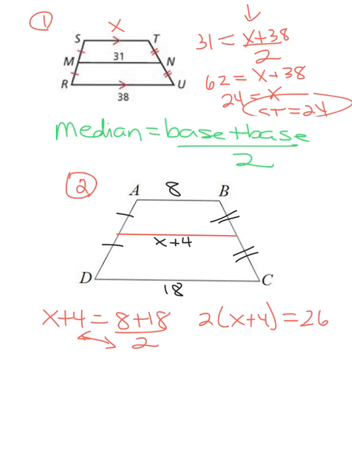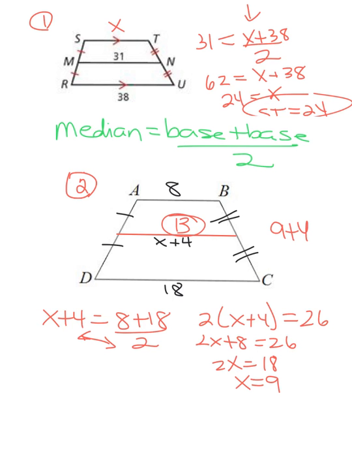Now I'm going to have to distribute that 2, so it gives me 2x plus 8 is equal to 26. So 2x is equal to 18, and x is equal to 9. Now if I want to know the exact measurement of the median, I'm going to plug that in. And I know that 9 plus 4 is equal to 13, so that's my median.